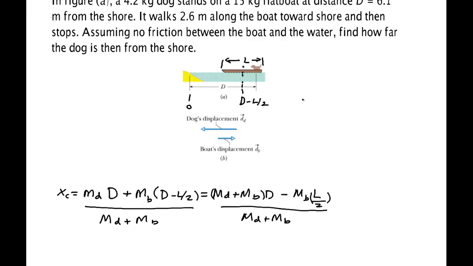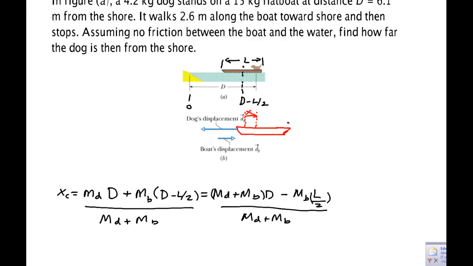So the boat's going to move. Let's say it's right here, and the boat moves over like this. It's not here anymore. It's moved a distance x.